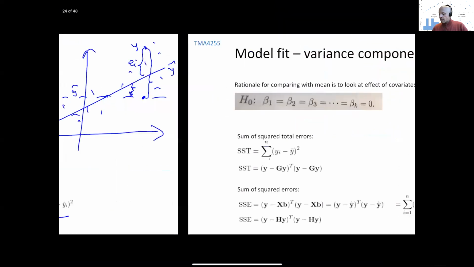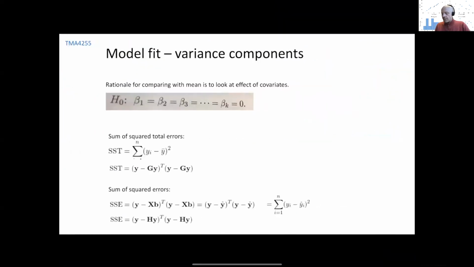If you want to look at this in terms of matrices and vectors, you can write the sum of squared errors in matrix vector form. And they have some nice mathematical properties, as I said.